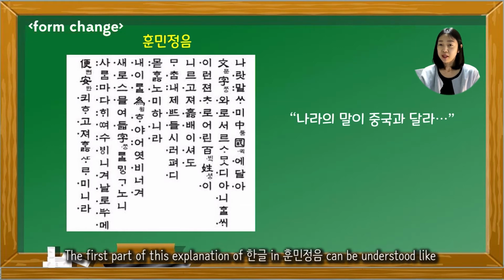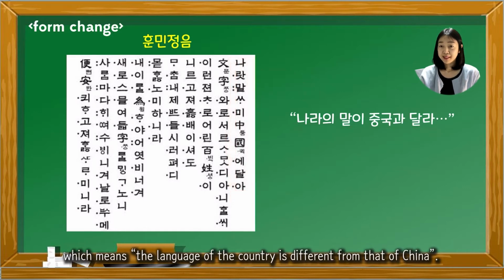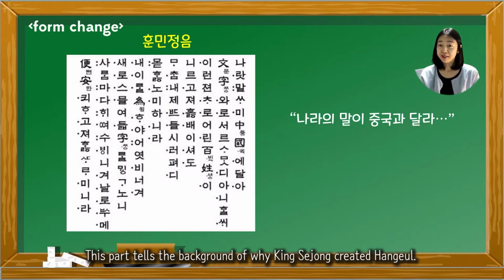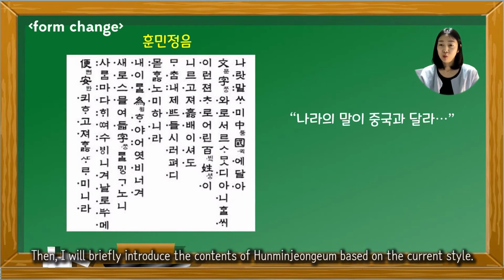The first part of this explanation of Hangul in 훈민정음 can be understood like 나라 말이 중국과 달라, which means the language of the country is different from that of China. This part tells the background of why King Sejong created Hangul. The letters are mixed with Chinese characters in this explanation. Then I will briefly introduce the contents of 훈민정음 based on the current style.